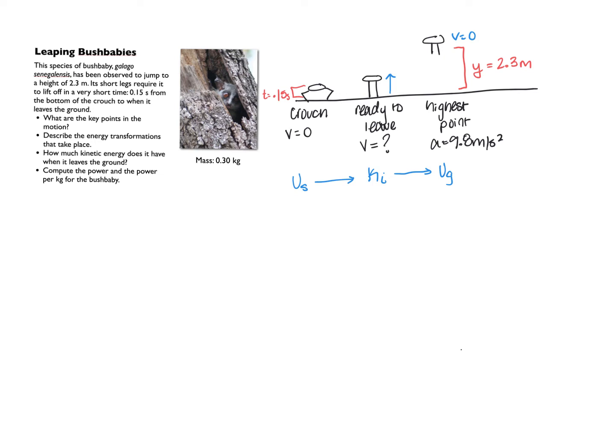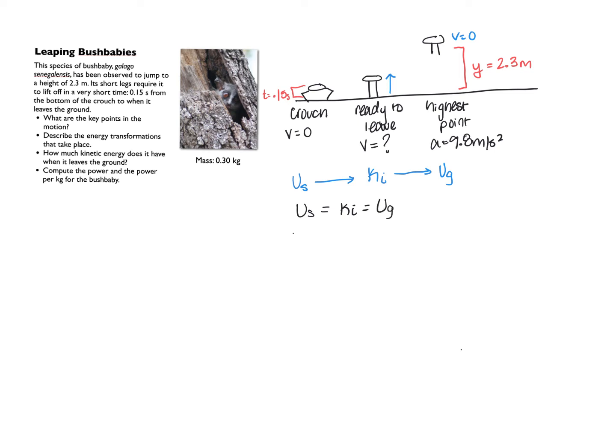The next question asks, how much kinetic energy does it have when it leaves the ground? If I look at these steps, the amount of spring potential has to equal the amount of kinetic energy, which has to equal the amount of gravitational potential.